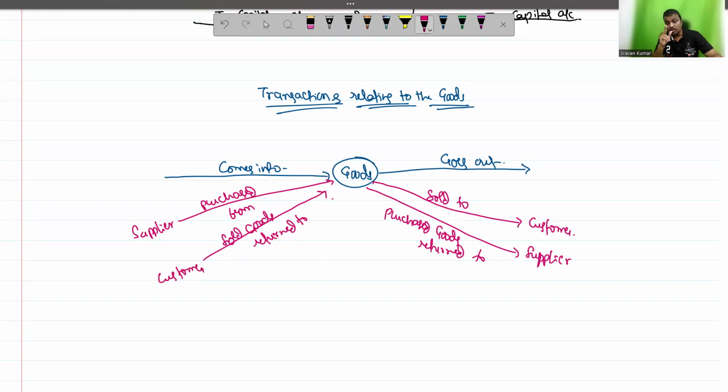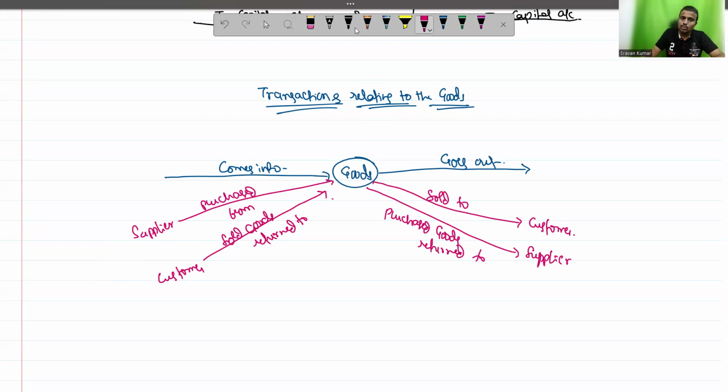So in this case, the goods came into the business in these two scenarios: when the goods are purchased from the supplier, and when the goods sold to the customer are returned by the customer. And when the goods are sold to the customer and when the purchased goods are returned to the supplier, that goods goes out of the business.